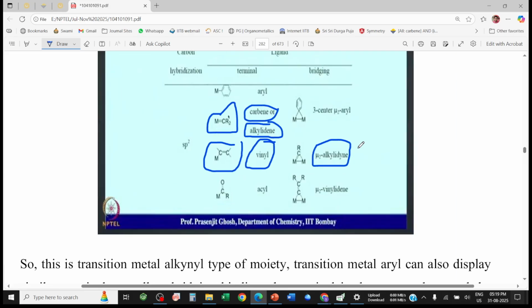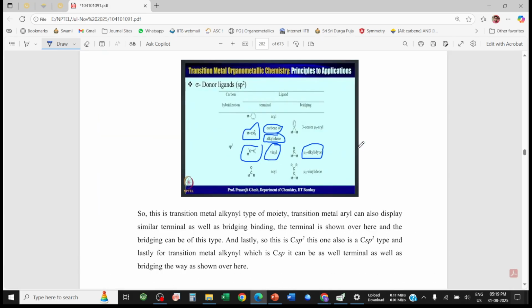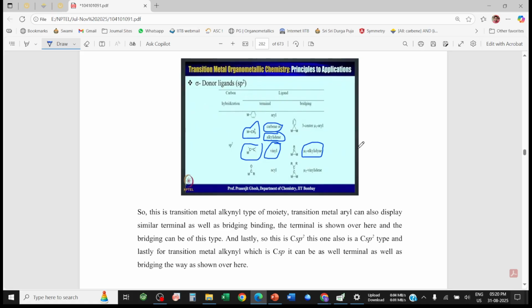So this is a very confusing thing. Simply, when we use the last three letters ENE, that means carbon is bound to the metal with a double bond, and when it is YNE, the carbon is bonded to the metal with a triple bond. Okay.